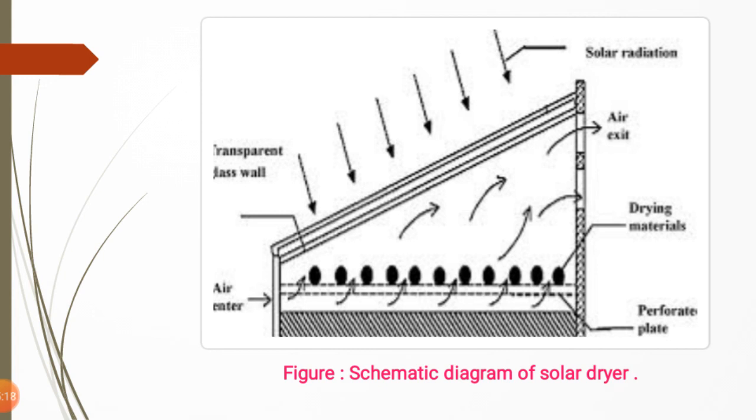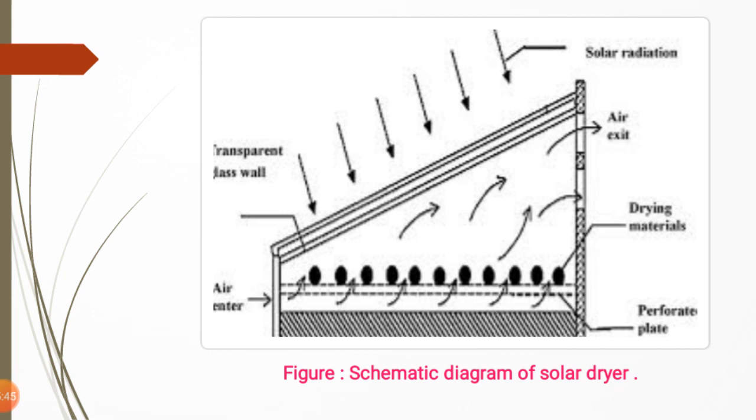There is a base part on which the trays are placed, and in that tray the agricultural product is placed. There are generally two holes or walls, that means the air enters and the air exits, and along with that there are different windows. These windows help for the natural circulation.